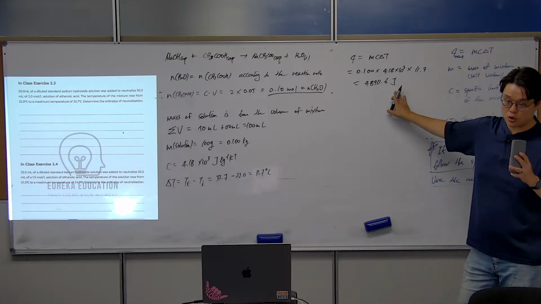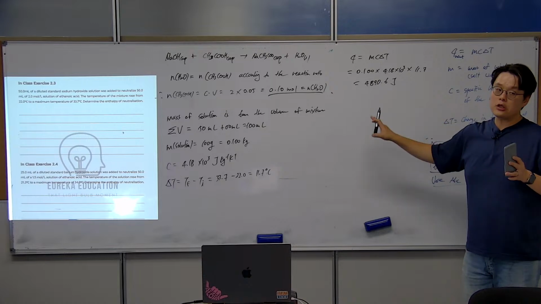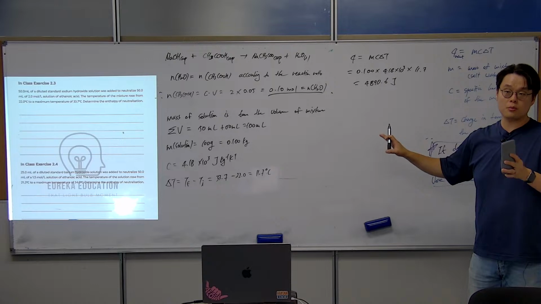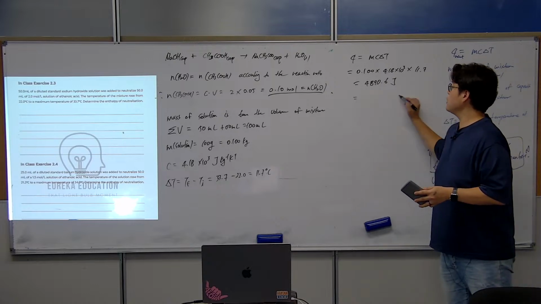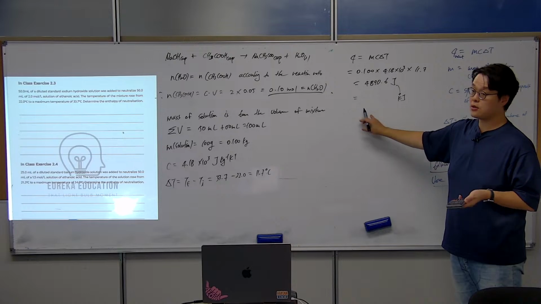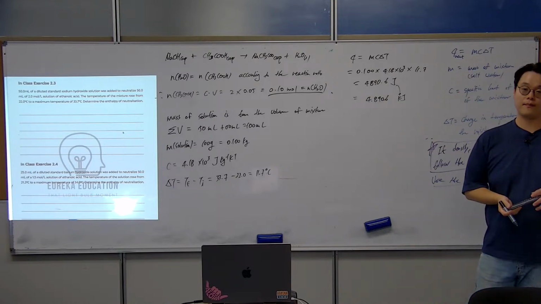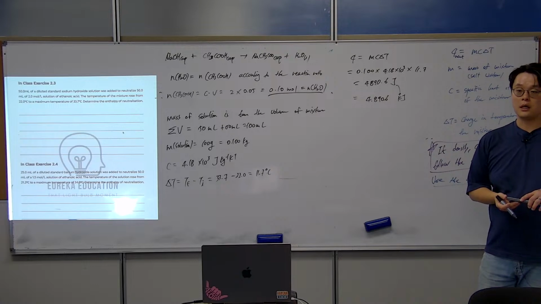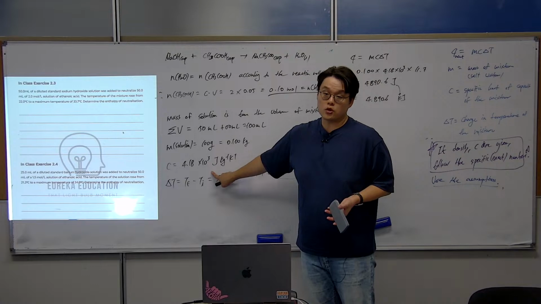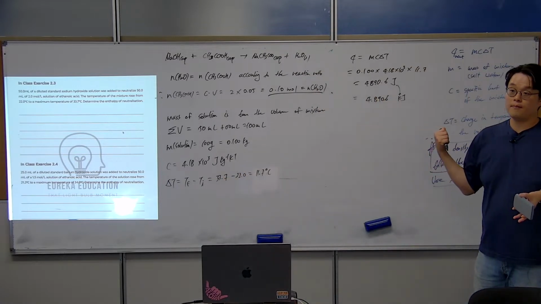Make sure you're getting joules for now. Okay? I hope you remember that. Delta H has a standard unit of kilojoules per mole, which means you need to convert it into kilojoules by dividing by 1,000. That's simply 4.8906 kilojoules then. And that's what I mean by, yes, you can convert the joules in the C value prior to this, but you can do it this way too. Does it make sense to all?